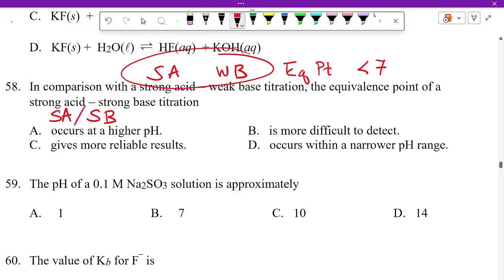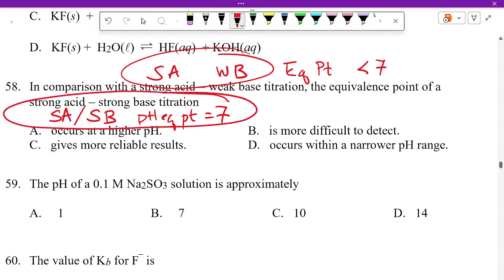And for strong acid, strong base, the pH at the equivalence point would be 7. So in comparison, this one occurs at a higher pH. A. Yes? Okay. And so you can just ignore the rest of the answers.